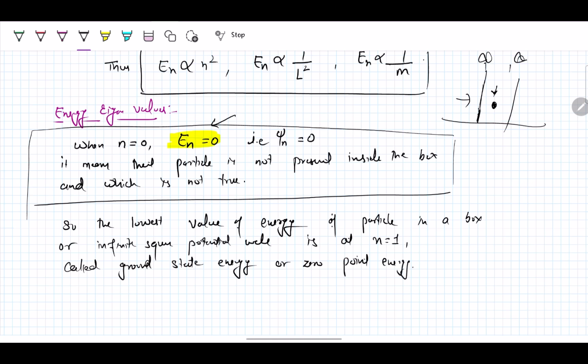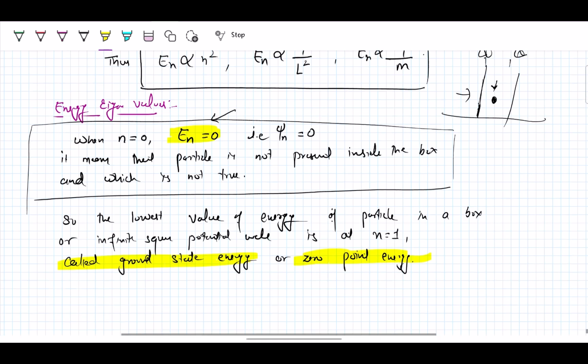That's why we took it as a question to us, that it is called ground state energy and zero point energy. So if in any question you need to find the zero point energy or ground state energy, you just need to mention that at n is equal to 1 we get the zero point energy.